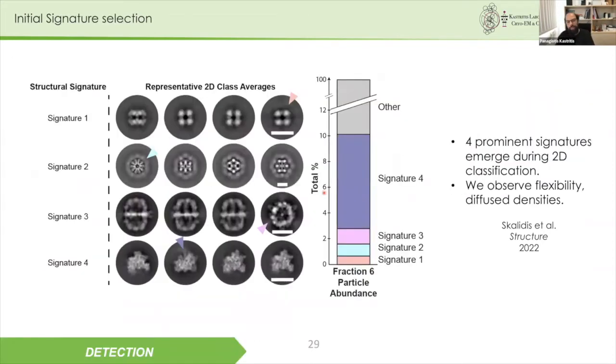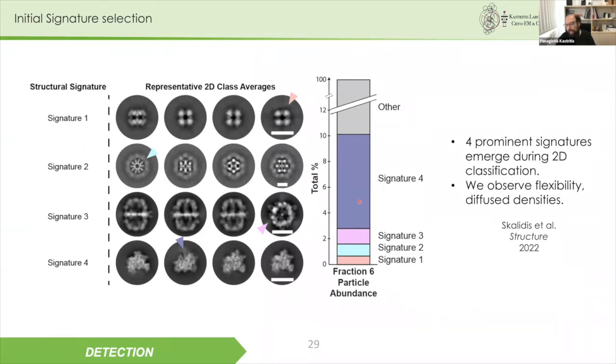And after we do this kind of biochemical characterization, we can pick basically all the particles that we are acquiring in our images and derive 2D class averages. And what you see here are different class averages from 4 distinct signatures.